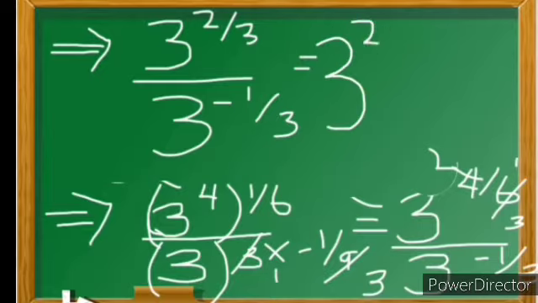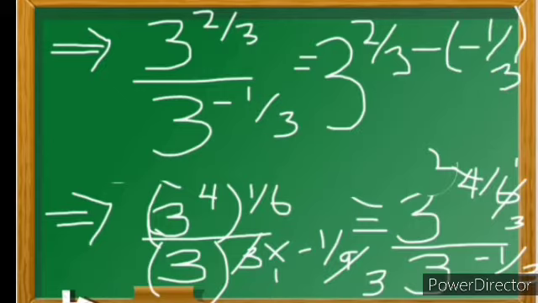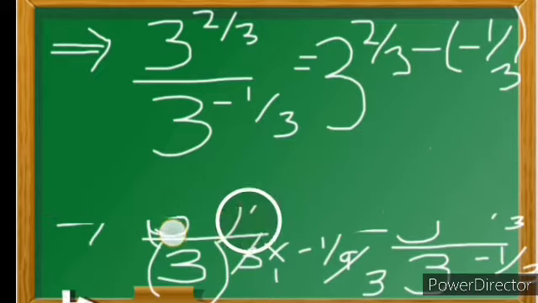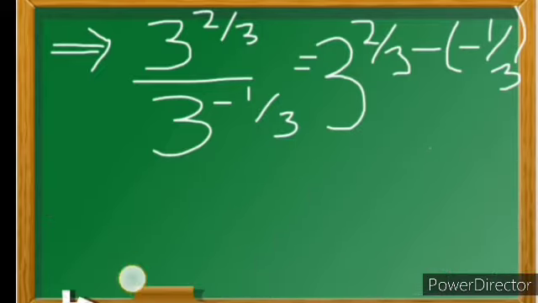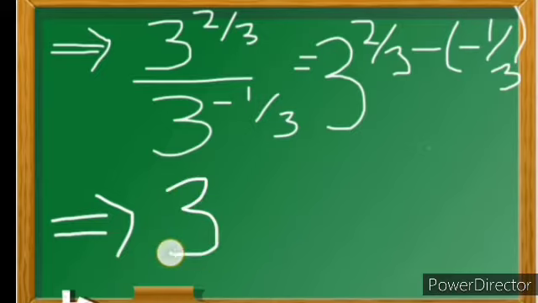So it will be 3 raised to power 2 over 3 minus minus 1 over 3. And then remember that when you multiply minus by minus, you end up with a plus sign. So we'll now have 3 raised to power 2 over 3 plus 1 over 3.